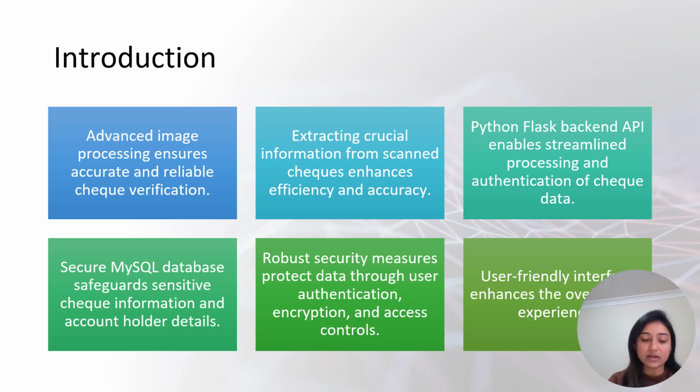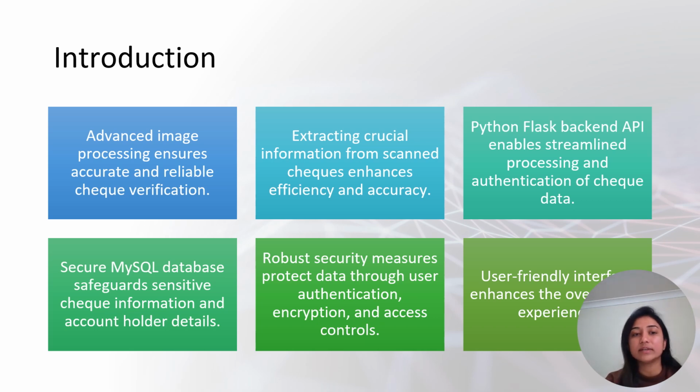This system utilizes a database system based on MySQL. The check verification involves several steps, like advanced image processing that ensures accurate, reliable check information, extracting crucial information like, as I told, the amount and payee details. Python Flask backend APIs enable streamlined processing and authentication of the check data.